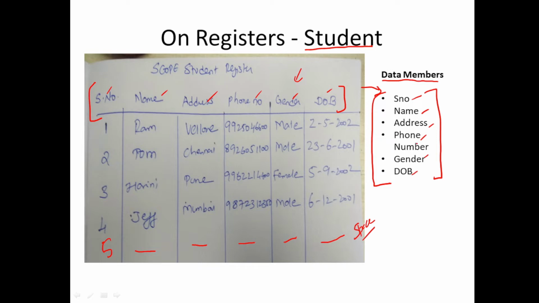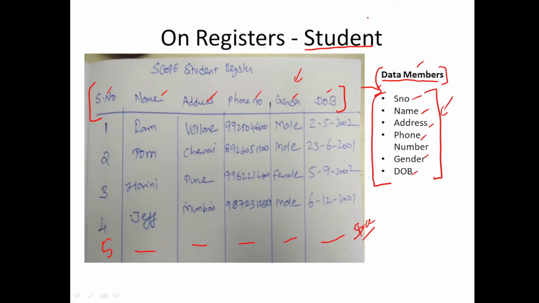By studying the existing system in the university. This is called requirements analysis or requirements gathering. You have to understand the existing system so that you create a system for your clients. These attributes, I can call them data members. For any student, I'll be capturing all these attributes and their values.